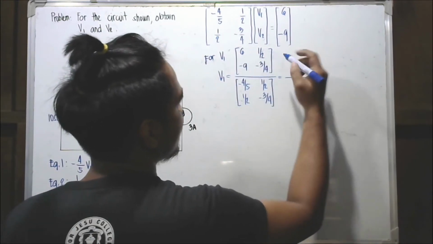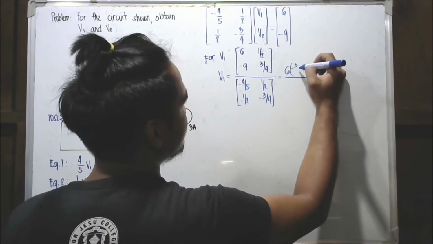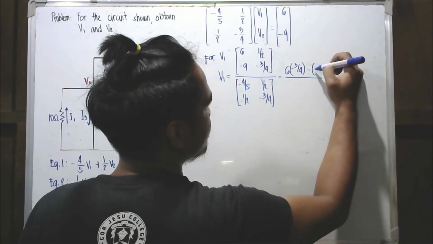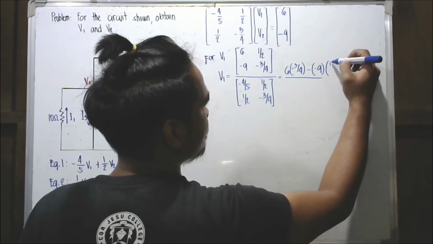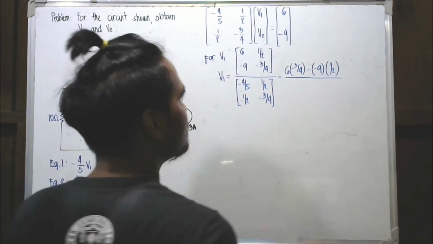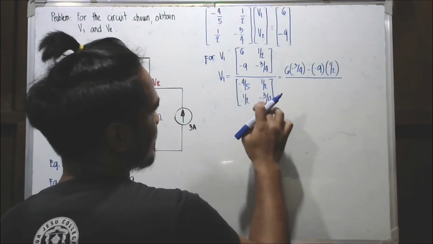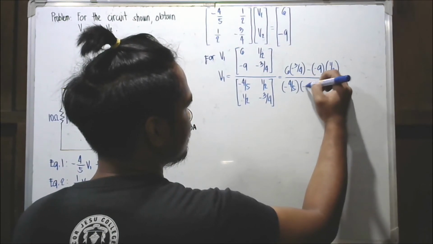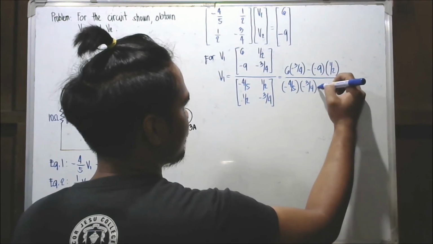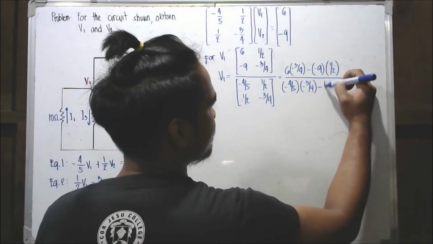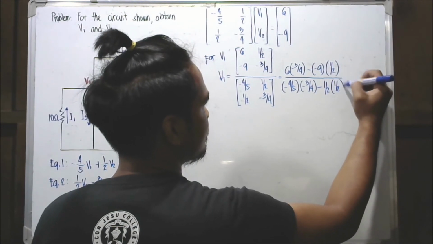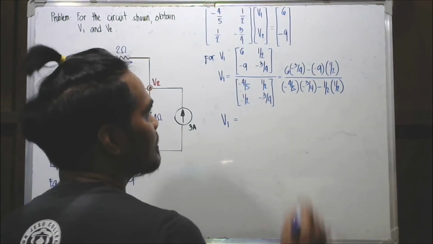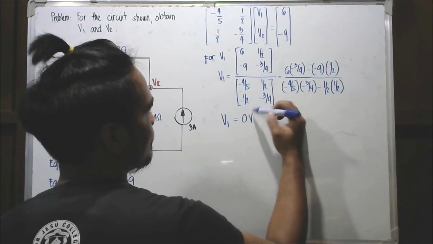So you have 6 times negative 3/4 minus negative 9 times 1 half all over negative 4/5 times negative 3/4 minus 1 half times 1 half. So your V1 is equal to 0 volts.